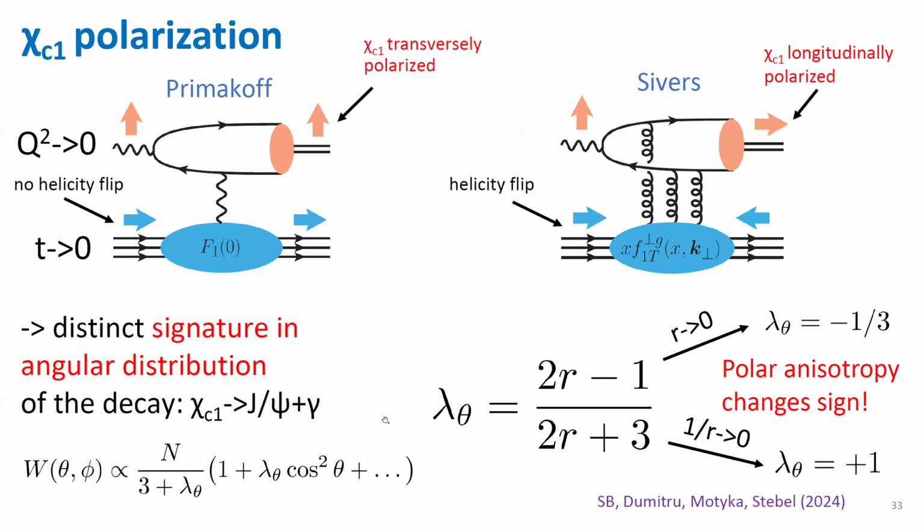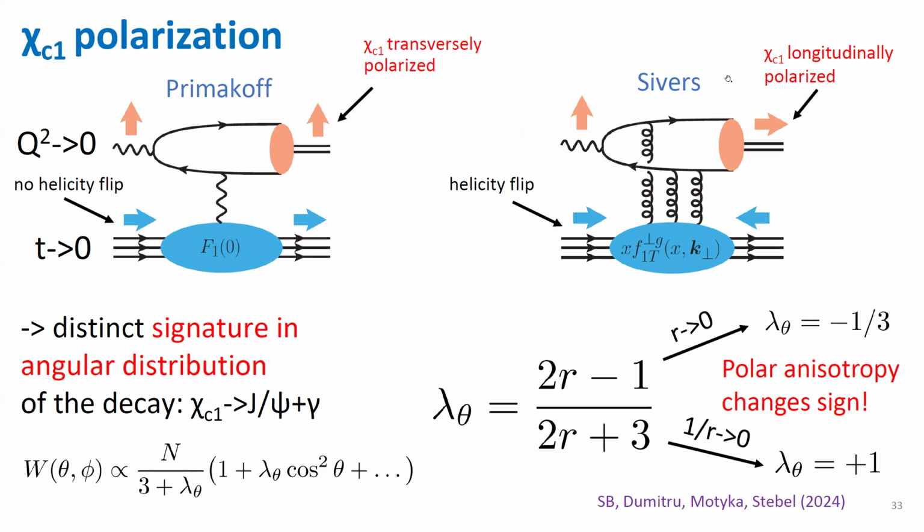Now I want to discuss the polarization of chi-C1. Remember, we are in the photoproduction limit, so the incoming photon is transversely polarized, and in the case of the Primakoff amplitude, this transverse polarization is just transferred to the final state. So the final chi-C1 comes out also transversely polarized.